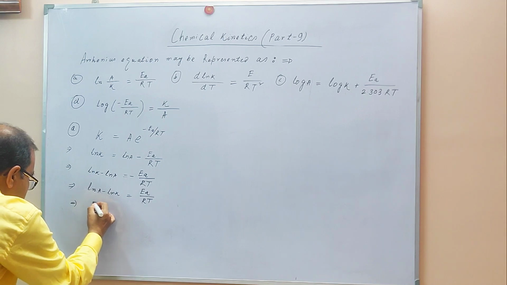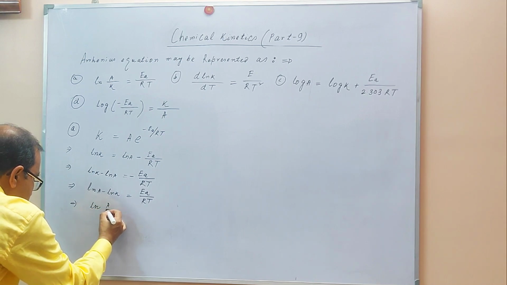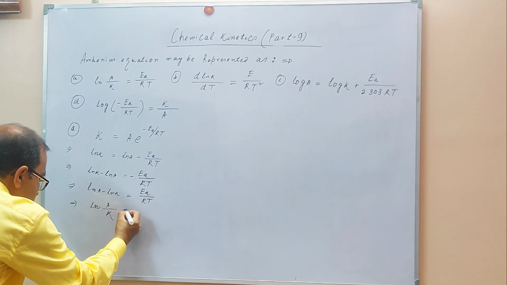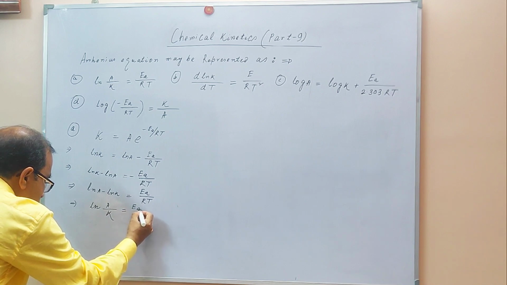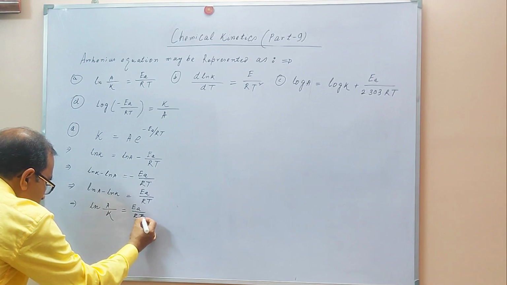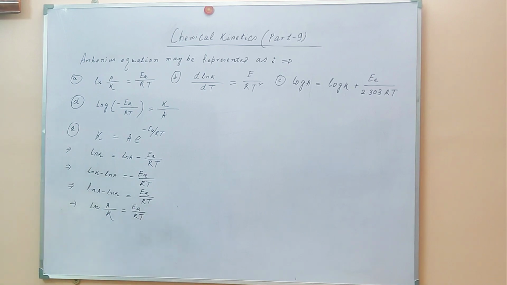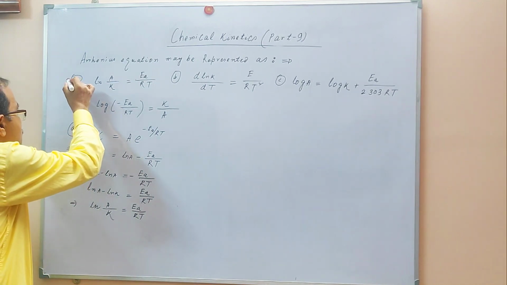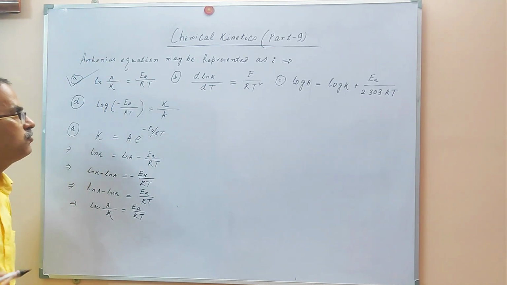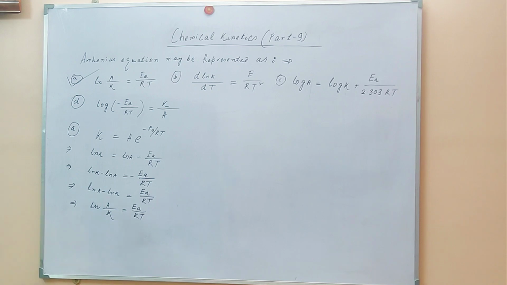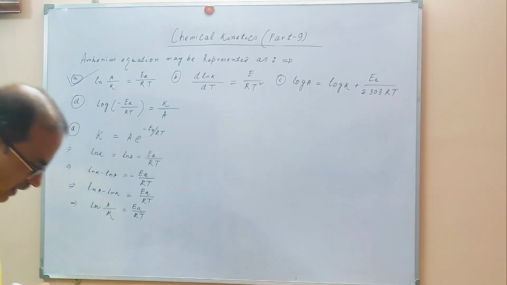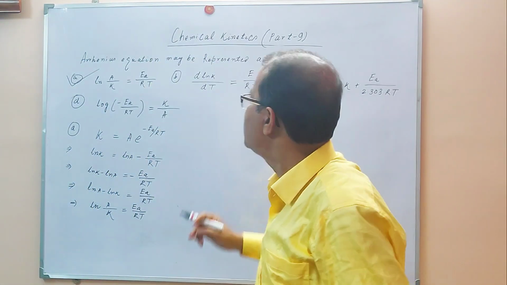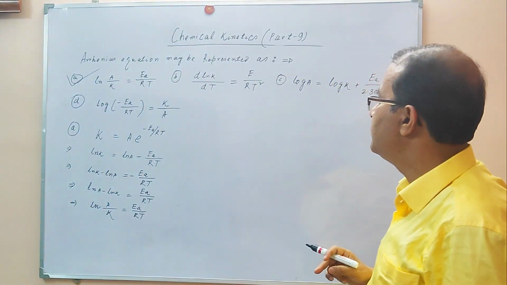So this equation will be ln A by K equal to EA by RT. Okay. So this matches with this derivation. So we can represent the Arrhenius equation in this form also. Okay. Now we see the next form, that is the derivative form.